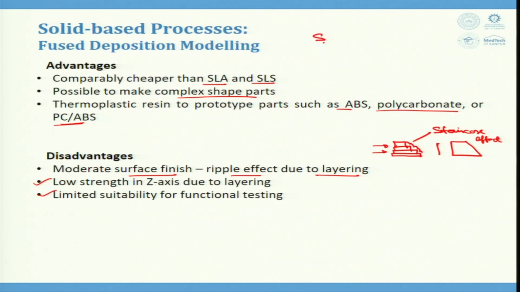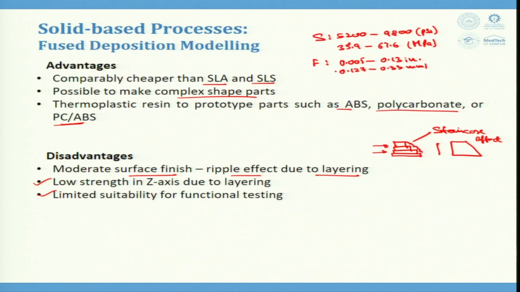If I talk about the strength of the components which are produced using this, it is from 5200 to 9800 psi, which is 35.9 to 67.6 megapascal. The finish that comes is from 0.005 to 0.013 inches, that is 0.127 to 0.33 millimeter.